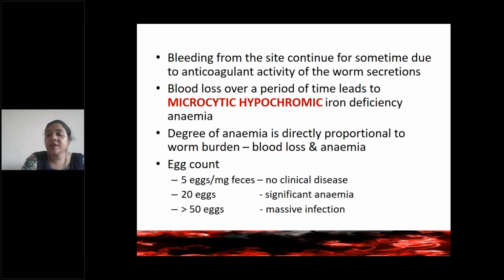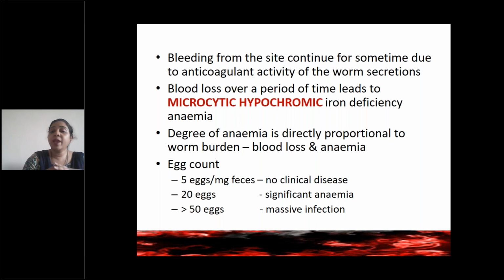The parasite attaches to your intestinal cells and sucks blood. After sucking blood, it leaves that site, and the bleeding from that site continues. Then it goes to another site and takes blood from there also. After that, it will go to different sites again.